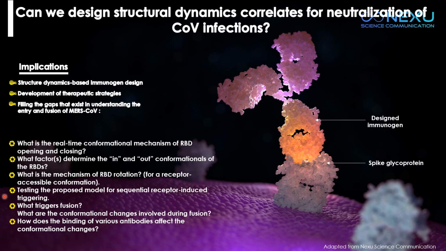Because coronaviruses have emerged to be so clever and smart that they do not only rely on sequence interaction. They are relying on this dynamic nature, and this dynamic nature is actually what is helping them enhance their infectivity and evade antibody neutralization.